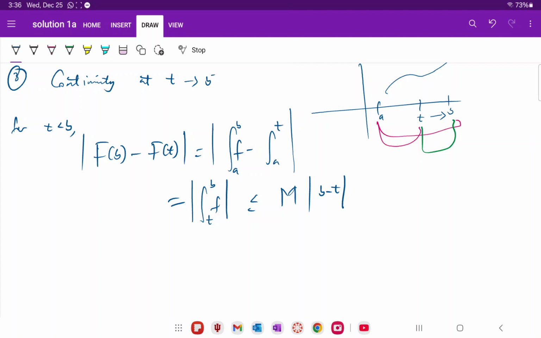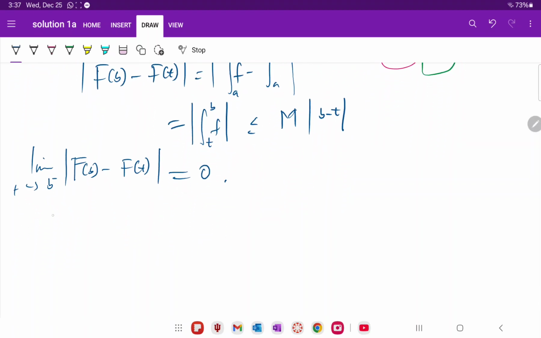Then you also see as t approaches b from the left, this is equal to 0. So for those three cases, you can conclude that f is continuous on [a, b], and that ends our proof.